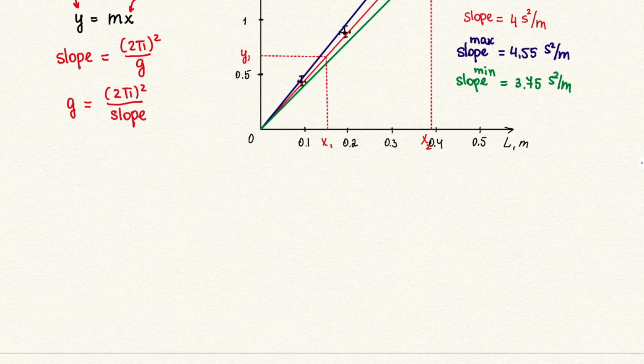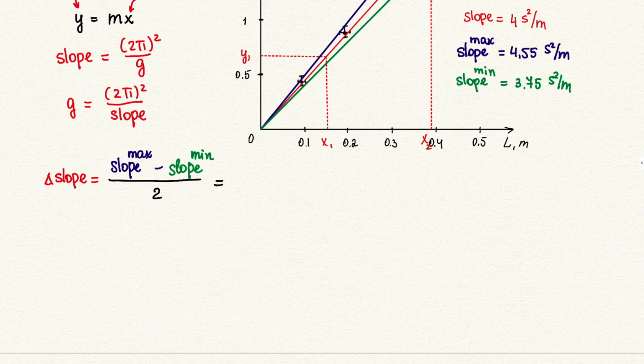Now, using the maximum and minimum slope, we can calculate uncertainty in the slope. So uncertainty in slope will be equal to slope maximum minus slope minimum, divided by 2.